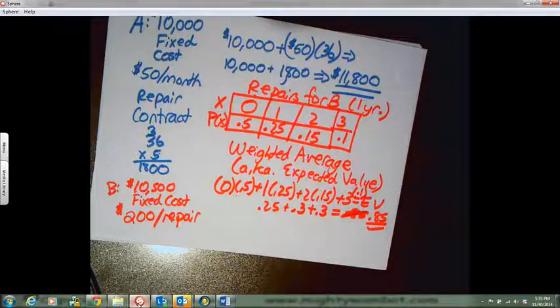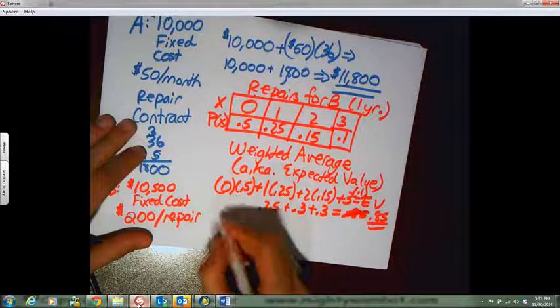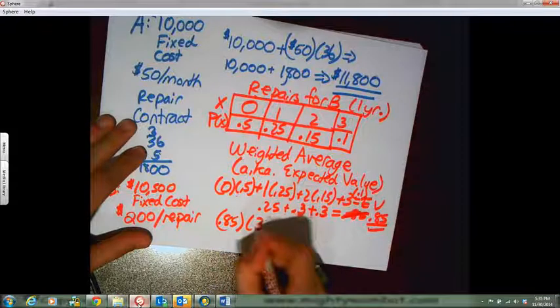Well, if you have 0.85 repairs per year, we really want to multiply that by 3, because remember, we had to buy this thing for 3 years. So the repair cost will be 0.85 repairs times, this is per year, times 3 years, times $200 per repair.